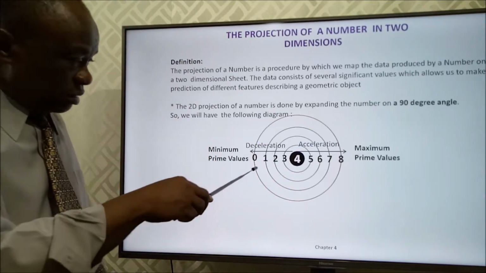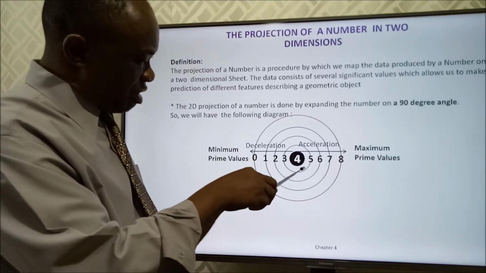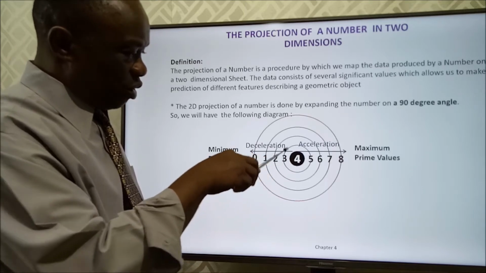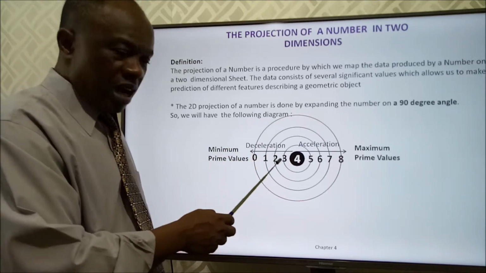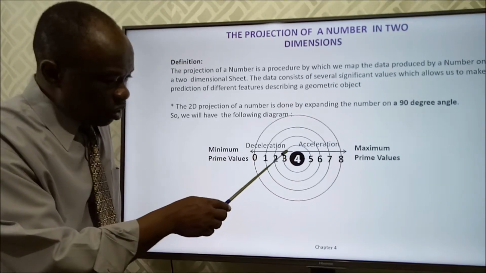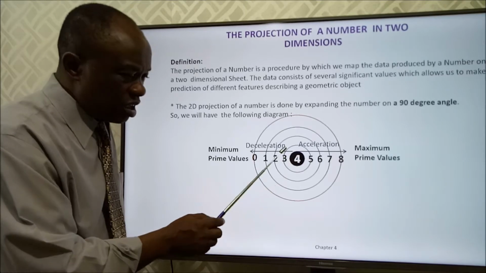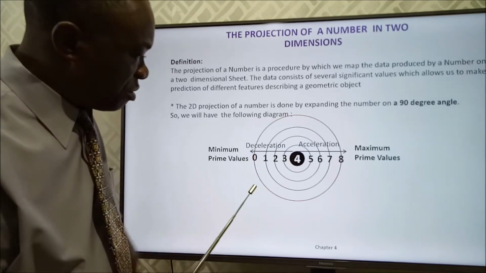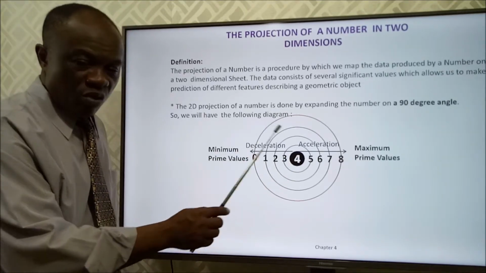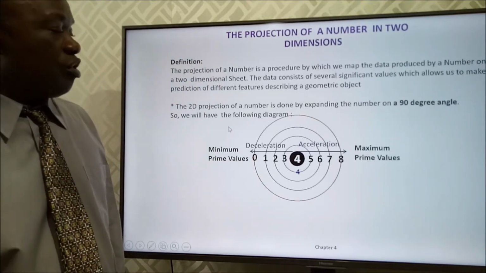For example, you see here, when it moves, level 1, this is level 1, it will become 3 and 5. And in order for it to go from 3 to 5, it needs really to pass through 4. Therefore, we have to add 4 here.